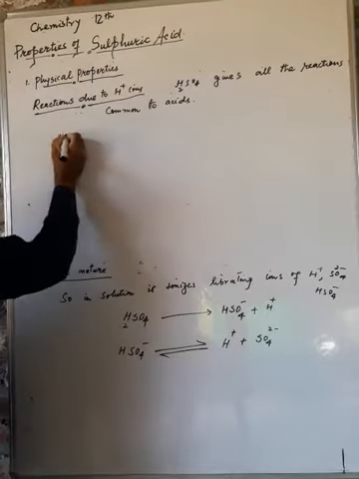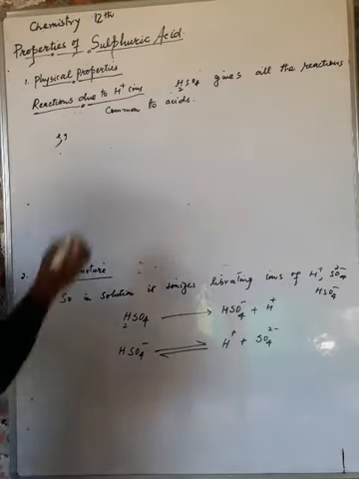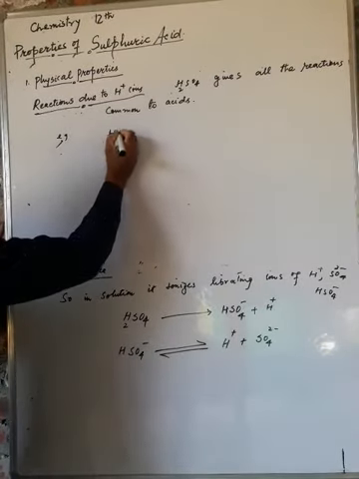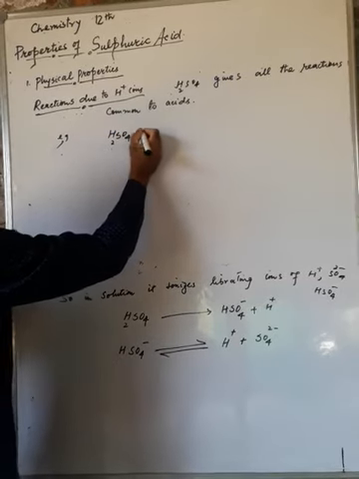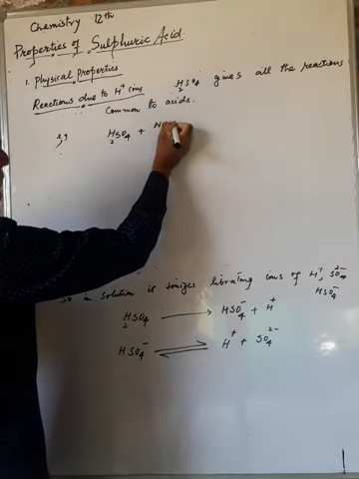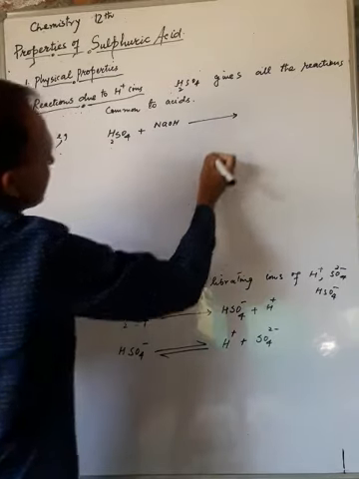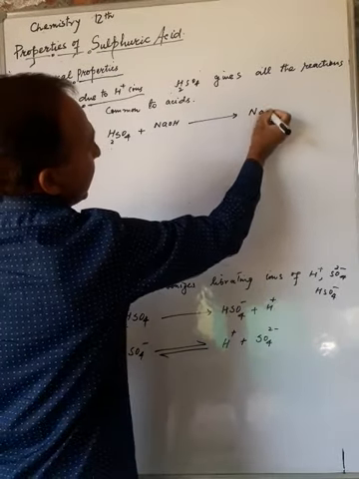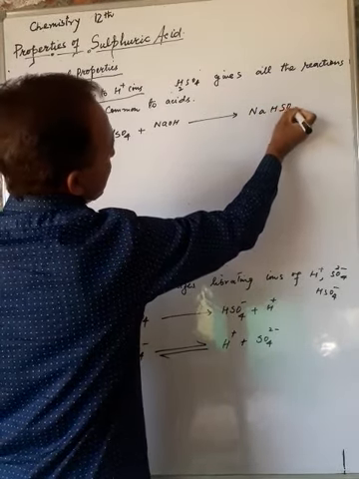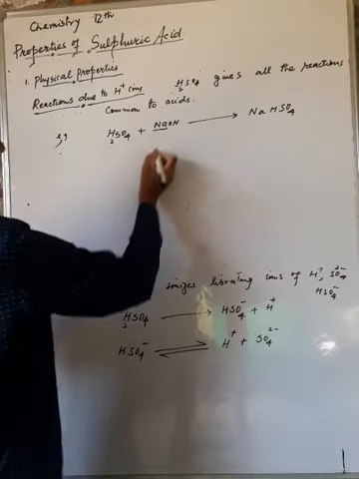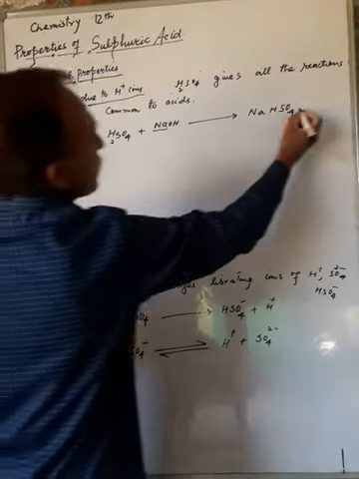For example, H2SO4 with sodium hydroxide, the base, forms NaHSO4 plus water.